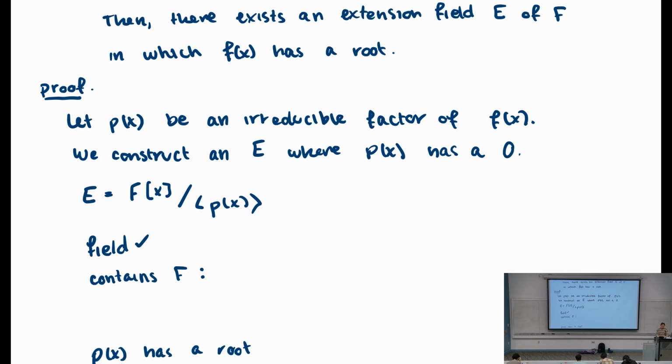So consider the map phi from F to E, which just sends an element a in F to the element a plus the ideal generated by p(x). That coset is an element of this factor ring.